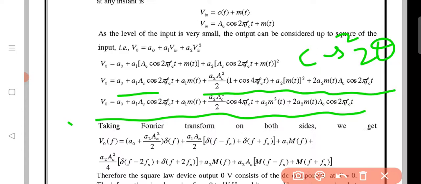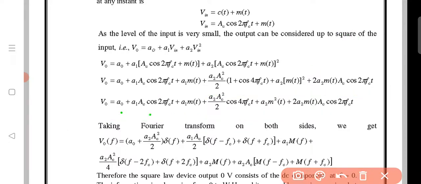In this, these are high frequency components, there are 5 terms. In this, 3 terms are unnecessary terms.